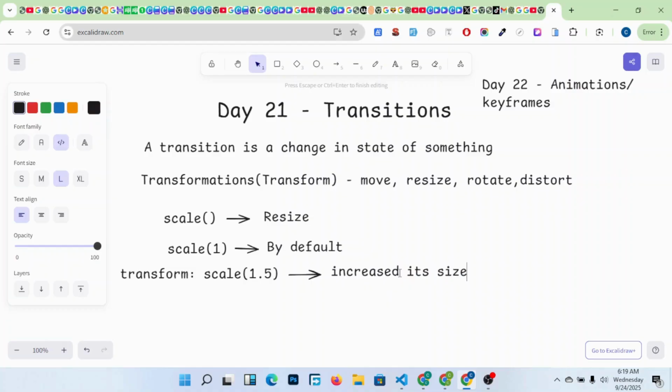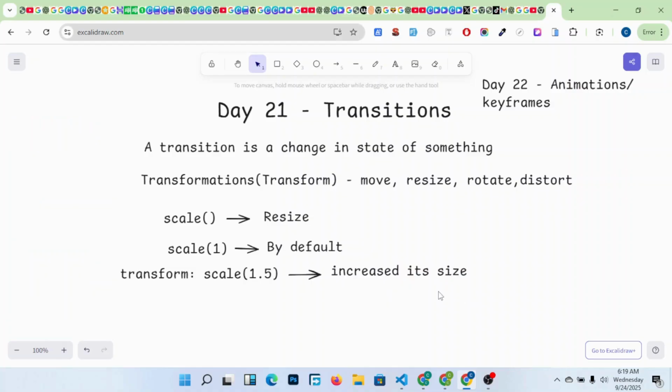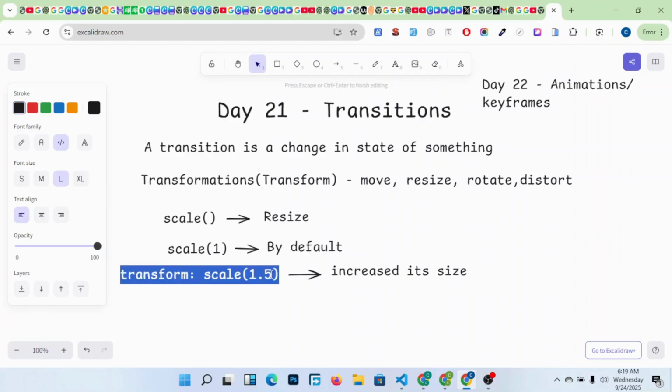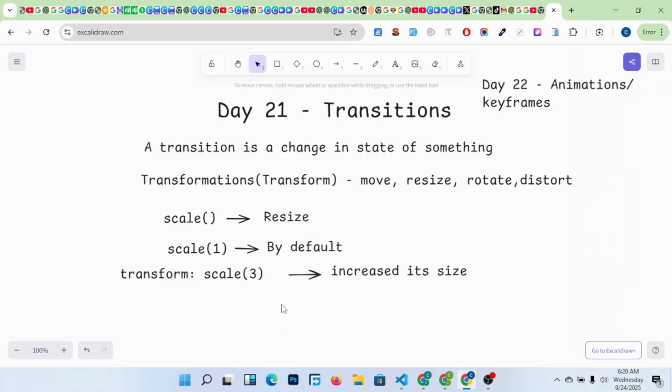Even if you go from 1.5 to 2, to 3, remember the default scale is always 1. If you say transform scale 3, we have increased its size.